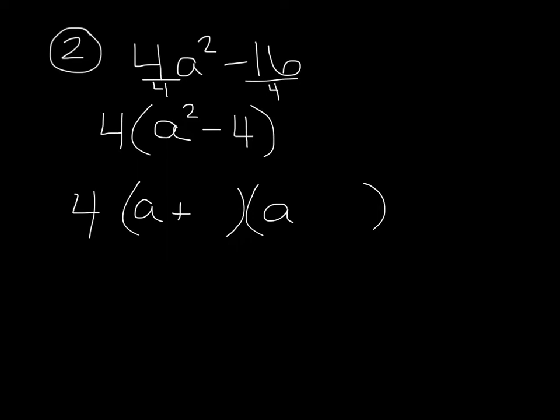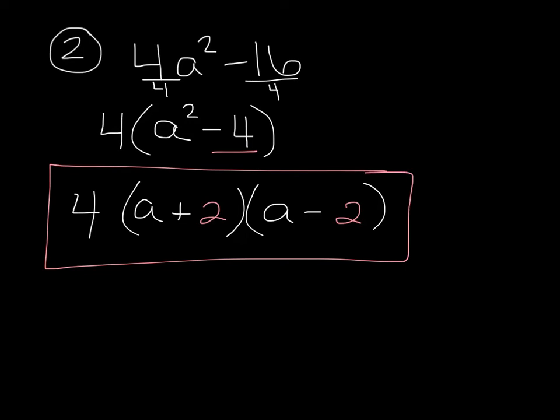Put one plus and one minus, because both parentheses will look exactly the same except for a plus and a minus. Then we take the square root of 4, or what times itself will give you 4. Well, 2 times 2 gives you 4. And there's your answer.